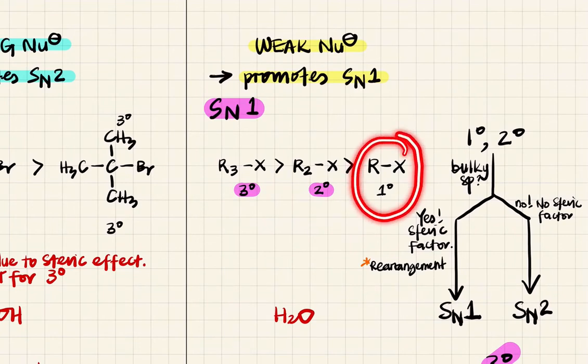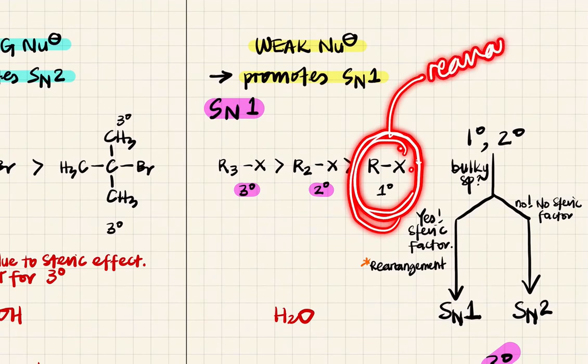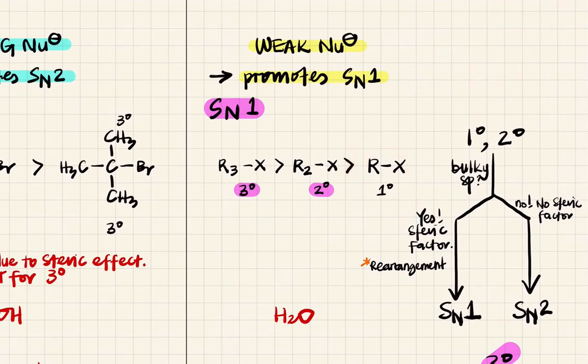Okay, kalau primary haloalkane ni, dia not likely, tapi if your haloalkane can undergo rearrangement to form a more stable carbocation macam secondary atau tertiary carbocation, then it can undergo Sn1.